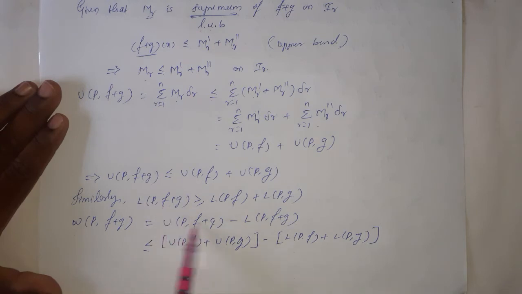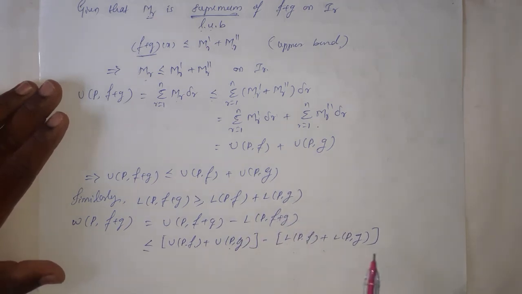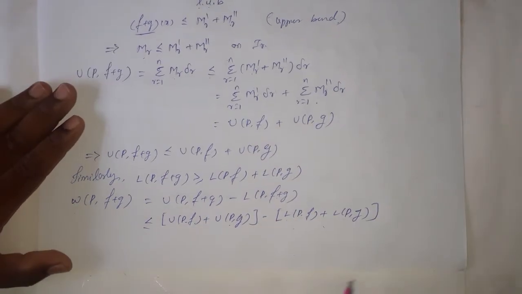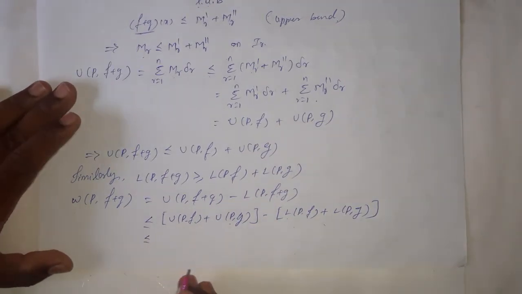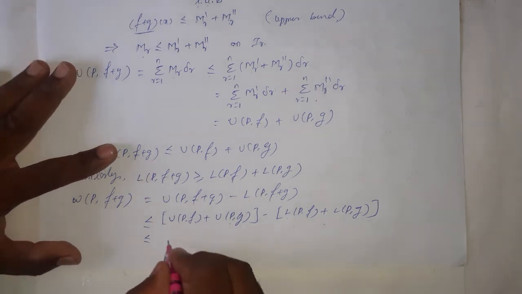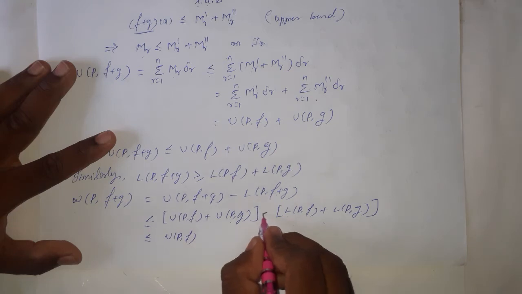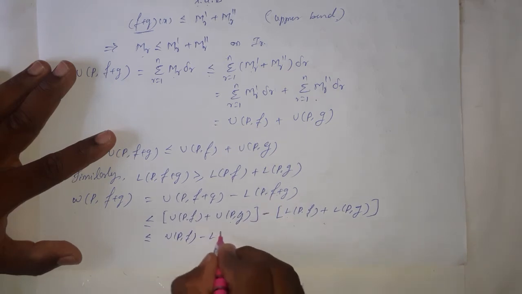So, therefore, this is less than or equal to UPf plus UPg, and here we can substitute this value as LPf plus LPg. Now, here we can rearrange the terms. Here we can write this as UPf minus LPf.